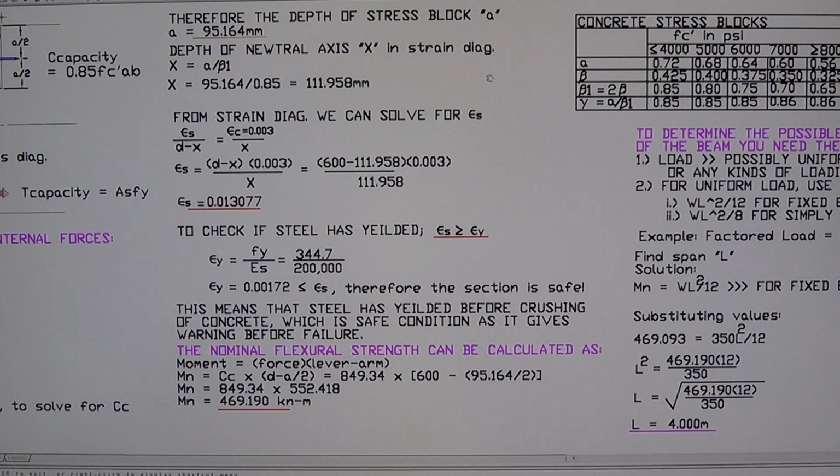It's good to have it handy and easy, so you don't have to calculate it again. I show the process of calculating there, so it's pretty clear. So now beta 1 here is 0.85 because we use 4,000 psi, which is the 28 MPa in conversion.